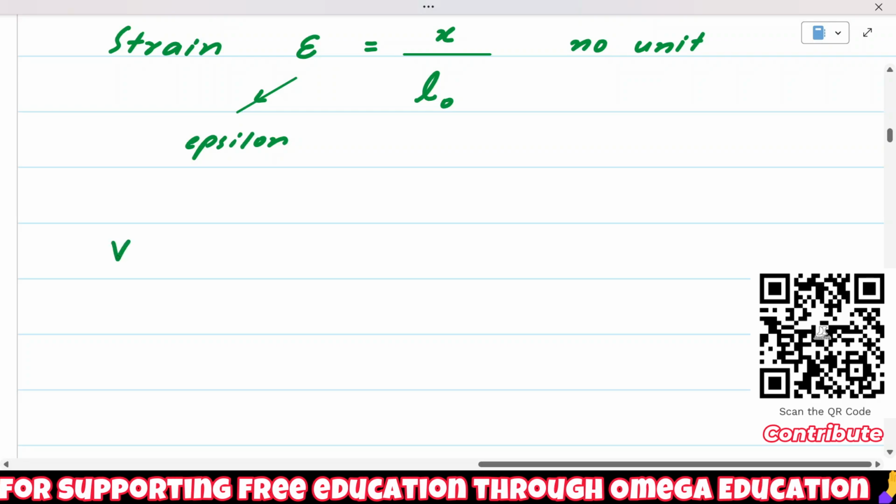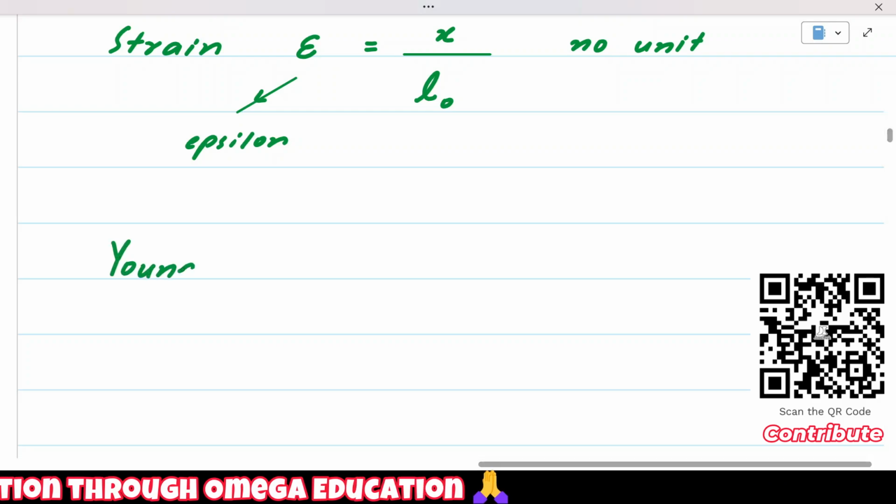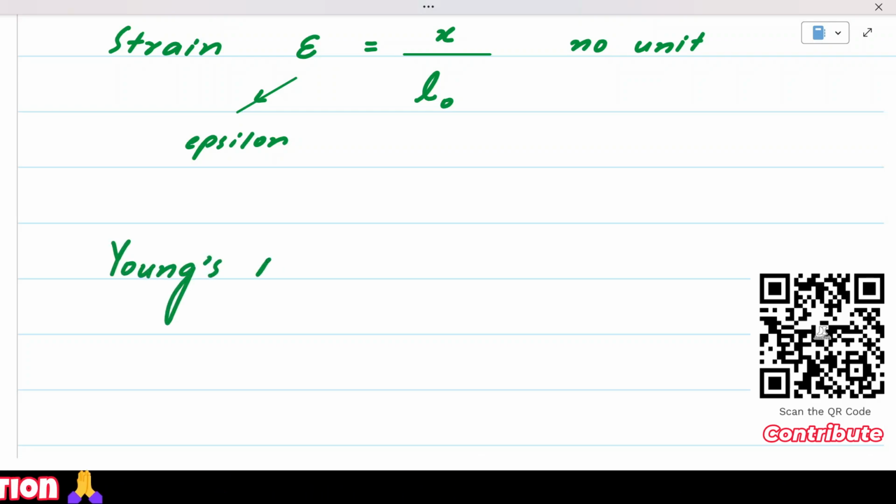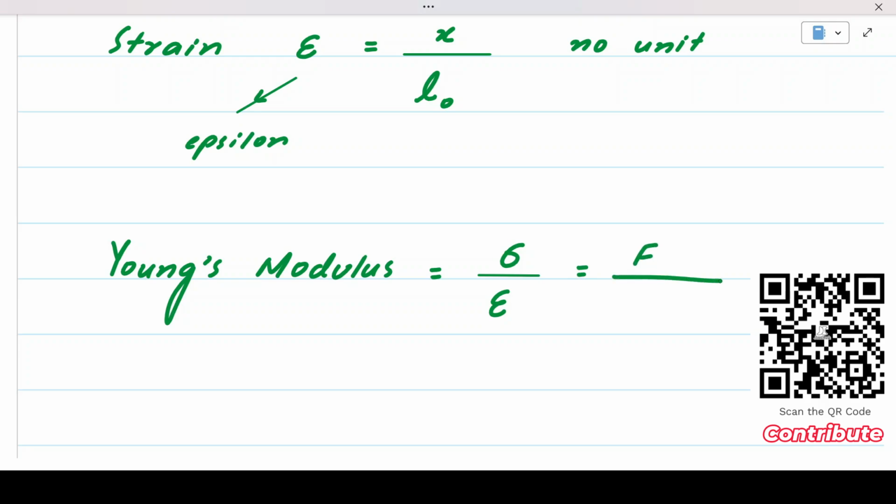Then we have Young modulus. So Young modulus equals stress over strain. Stress equals force over area, and strain equals x over L. So x over L goes upstairs.